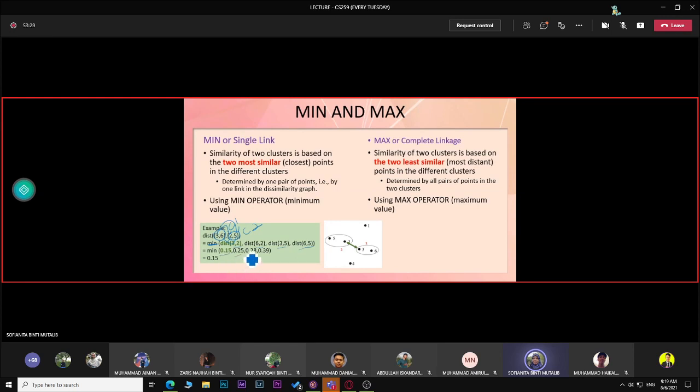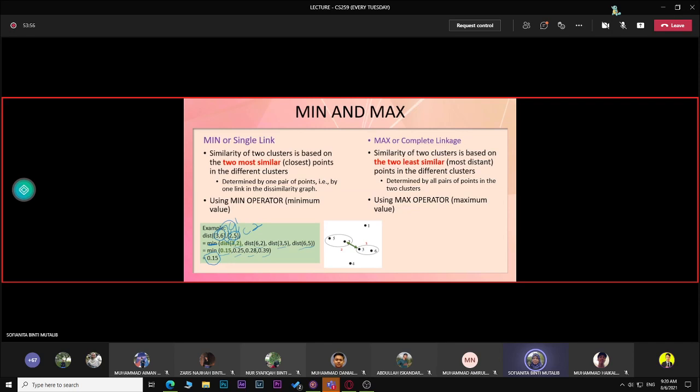So how we get this? This is given in the Dissimilarity Matrix. Okay, and then distance between 3 and 2 is 0.15. You assume, and then distance object 6 and 2 is 0.25, and then distance 3, 5 is 0.25, and 2, 3, 9. Yeah, and definitely the minimum, the lowest, will be 0.15.